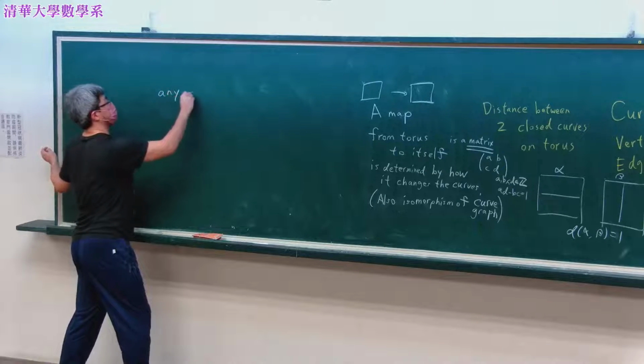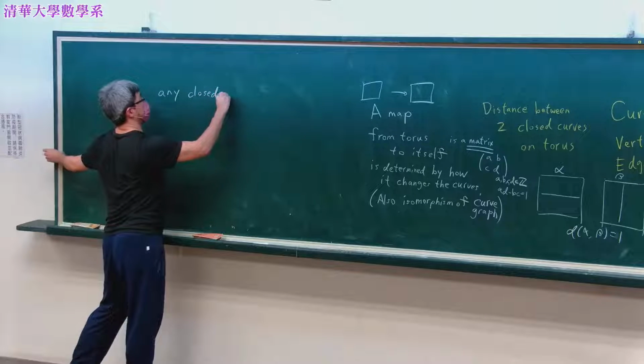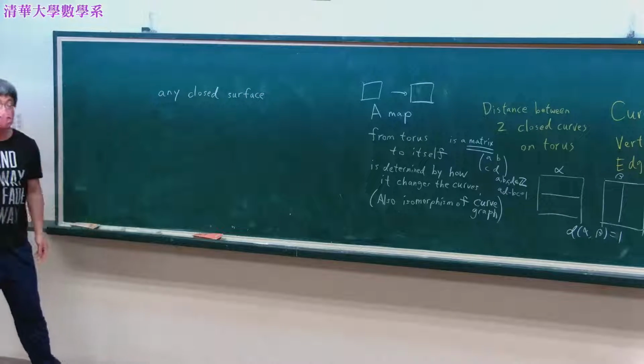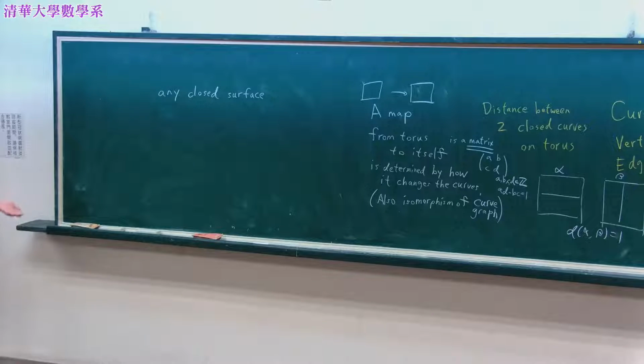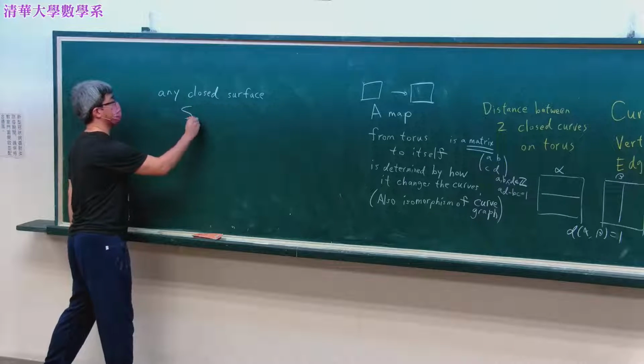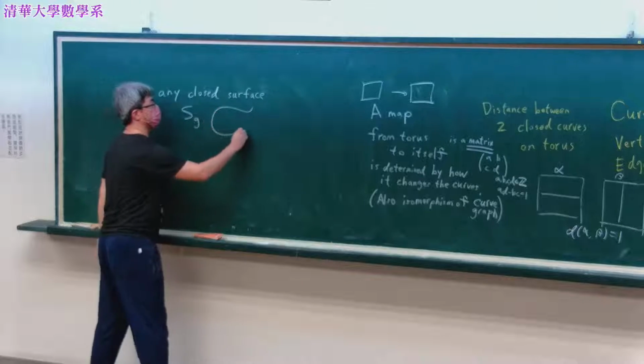Any closed surface, for people who haven't learned it, by the classification theorem of closed surfaces, you end up saying that it's called S_g, a surface of genus g.